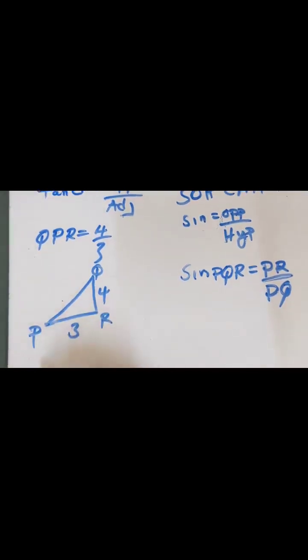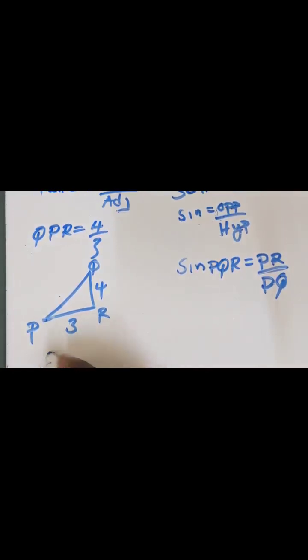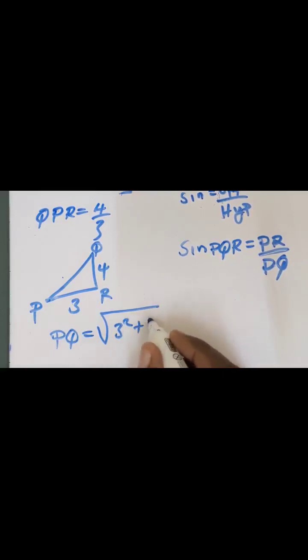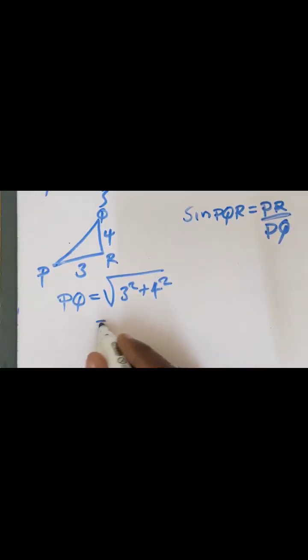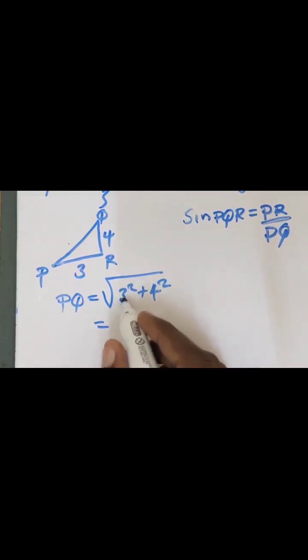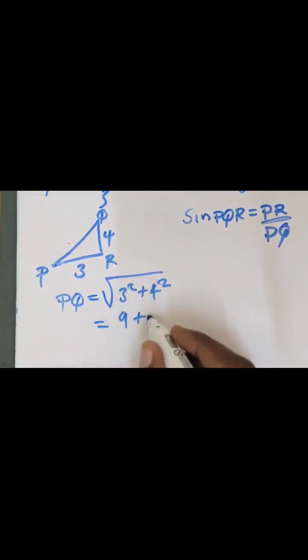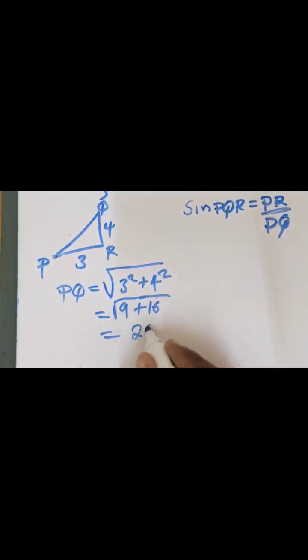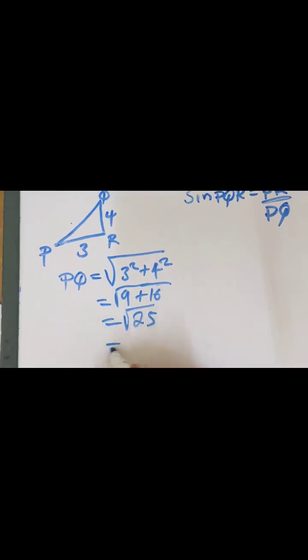If you want to find PQ, you say the square root of 3 squared plus 4 squared. 3 times 3 is 9, 4 times 4 is 16. Then 9 plus 16 is 25. The square root of 25 is 5.